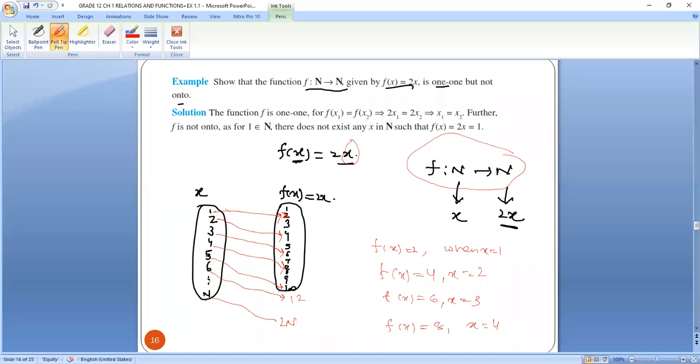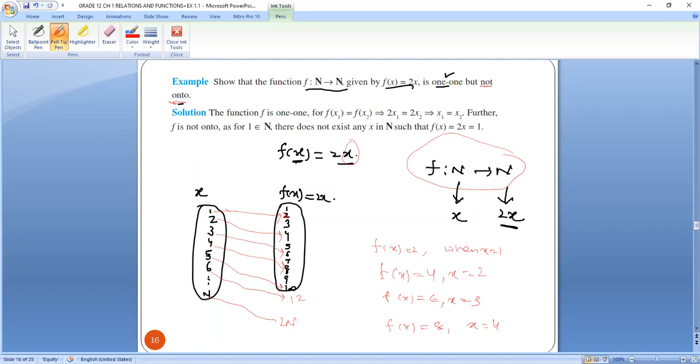This means for every element in X, there is one and only one element in f of x. And every element of the domain is connected: for every natural number in the domain, its twice will be in the other set of natural numbers. So this set is 1-1. This is true that this set is 1-1, but not onto.